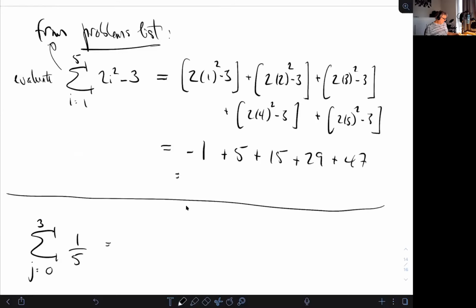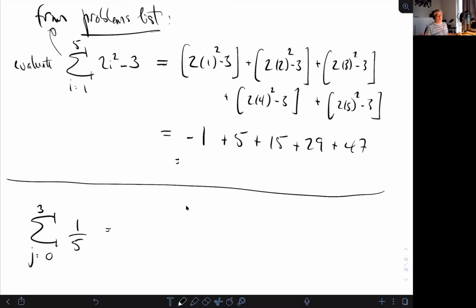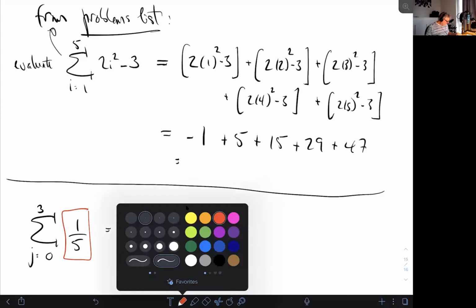Okay, so the other one is one of the trickier ones, which is this. Your summand here is 1/5. So we have to think like machines. We have to be really stupid here, right? You want to be like a machine.